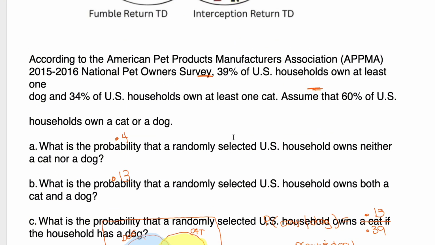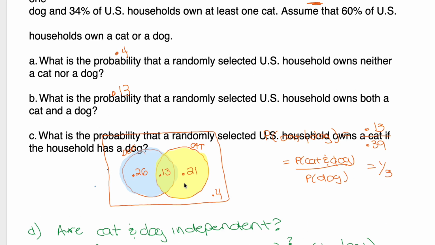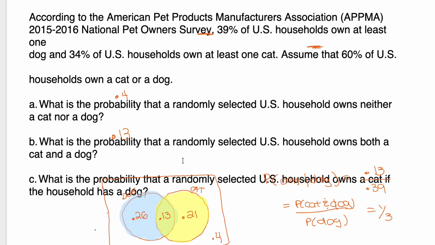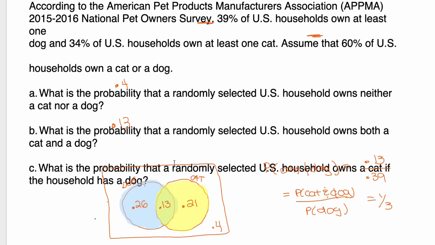So we want to see the households in the U.S. that own neither. Therefore, we can first create a Venn diagram. It will be a lot easier for us to do these types of questions. 60% of households own a cat or a dog, which means that 0.4 or 40% of U.S. households own neither. 0.4 should go in here.